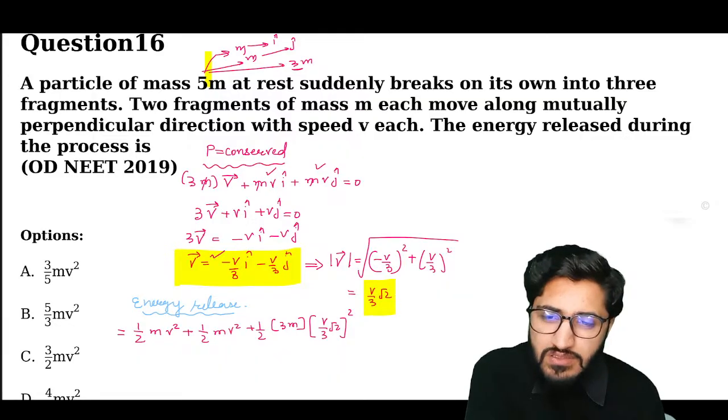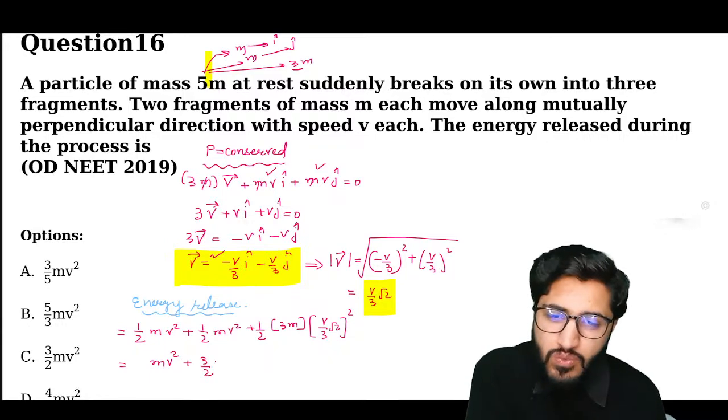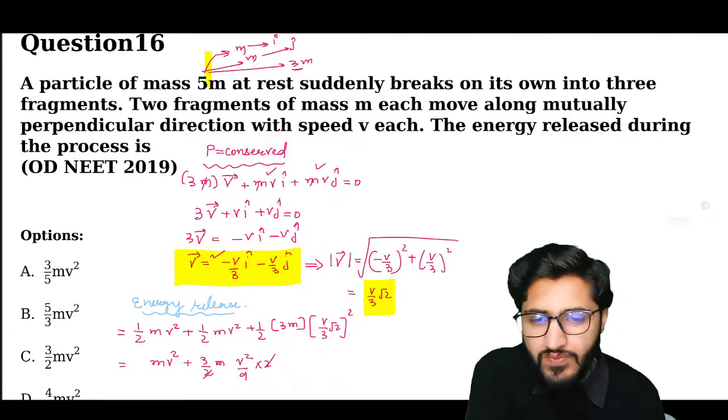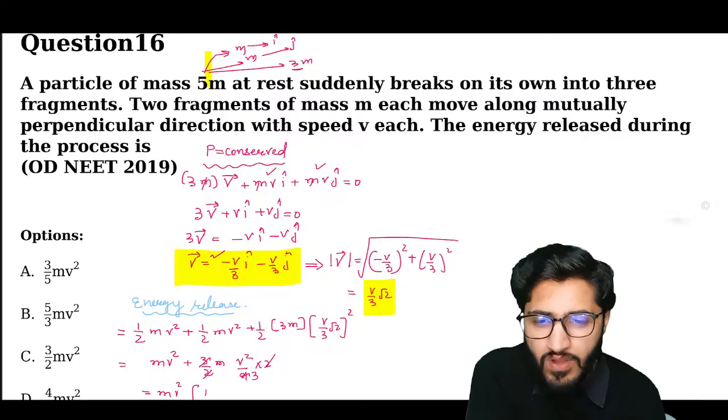Now it came out to be 1 by 2 m v square plus 3 by 2 m v square into 2 by 9. The 2 cancels out, so I can take m v square common.